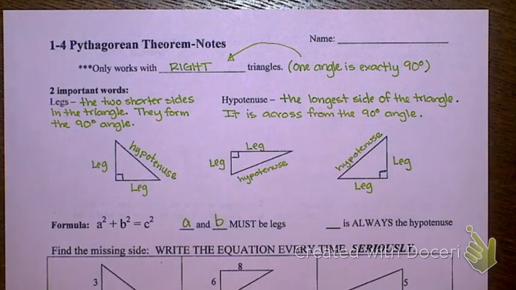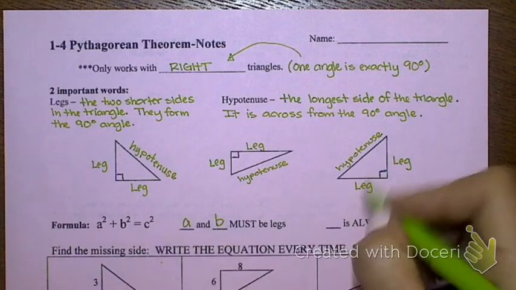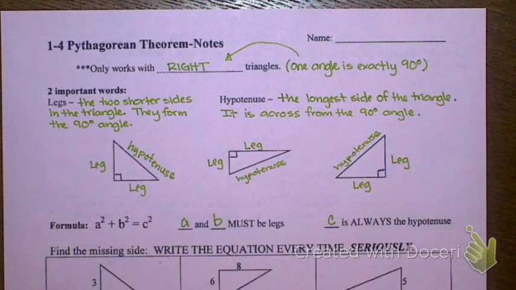Those lengths may be the same, they may be different, it depends on the triangle. The C term represents the length of the hypotenuse. All of these variables represent a length, but the C term is the most important term to label correctly, because that represents the hypotenuse, which is the longest side.